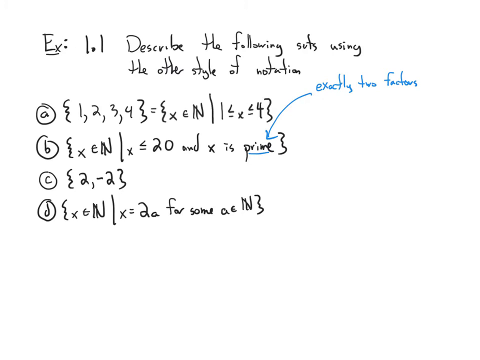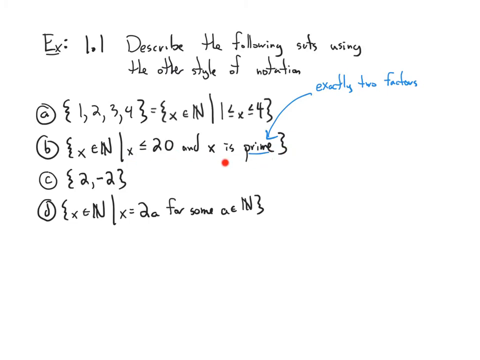So 1, 2, 3, and 4. This one, it's all natural numbers such that the natural number is less than 20 and it's a prime number.